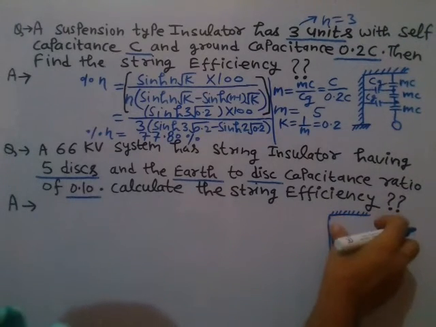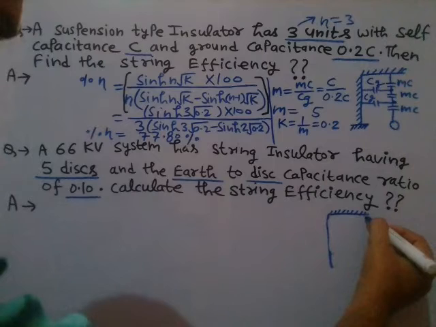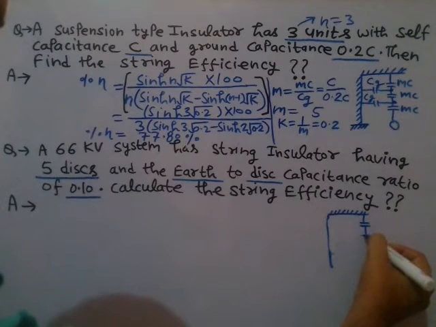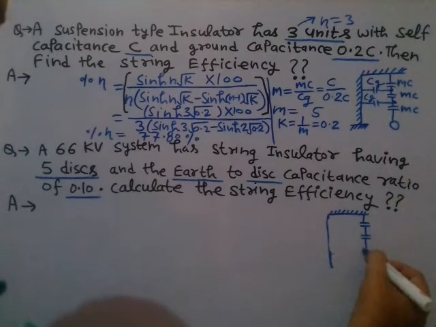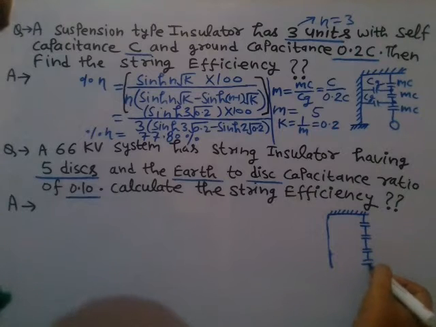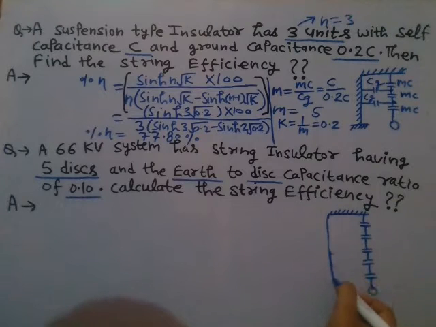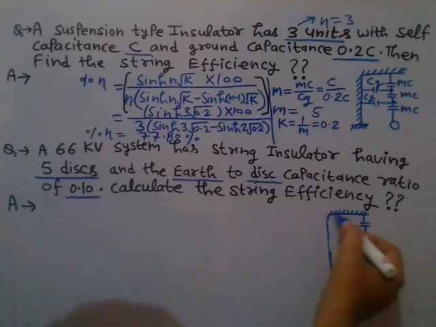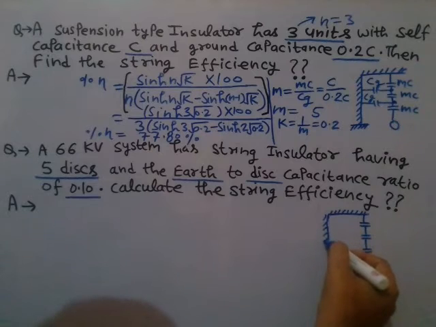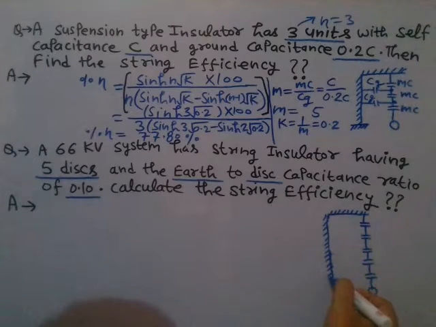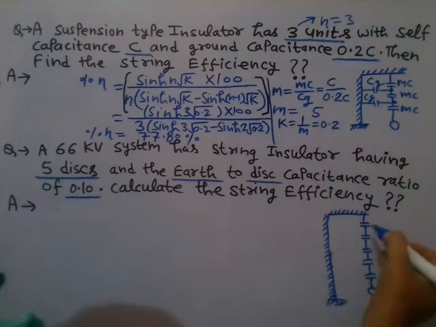So basically you can draw the diagram. So here there are 5 discs, 1, 2, 3, 4, and 5, and here you will have a power conductor. This is the cross arm, and here this vertical is the grounded tower body, right.